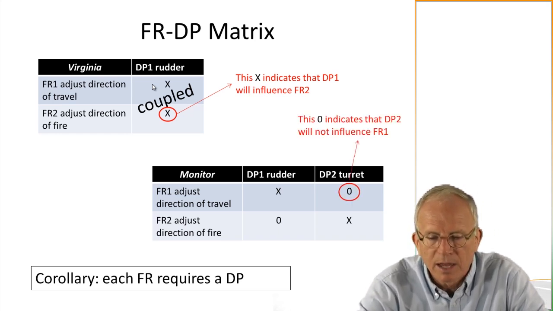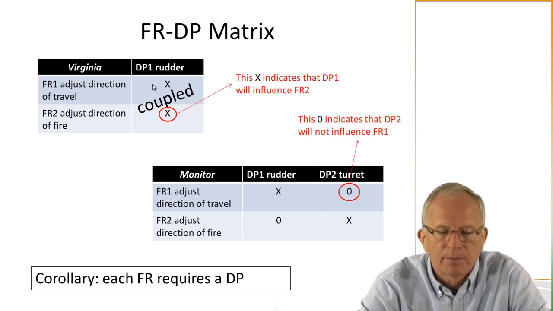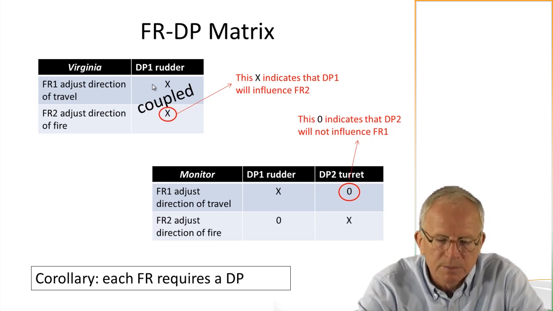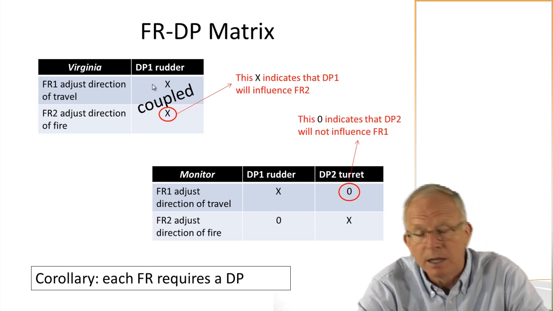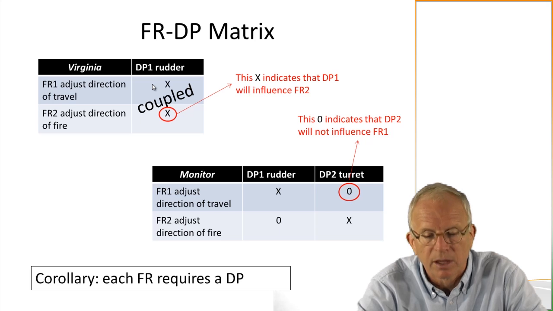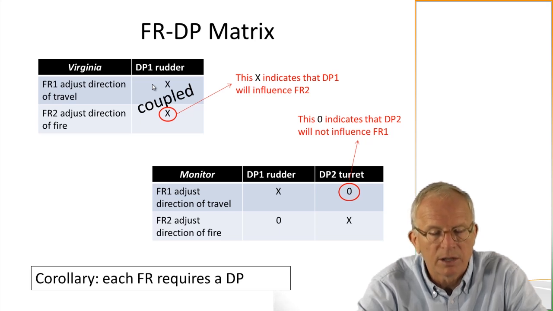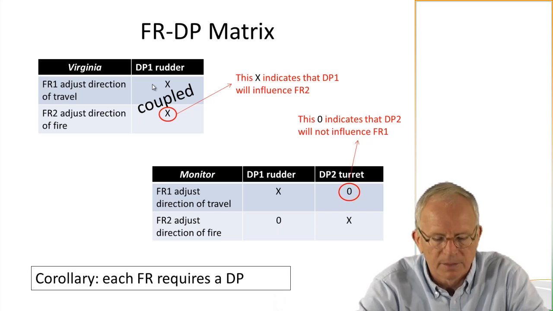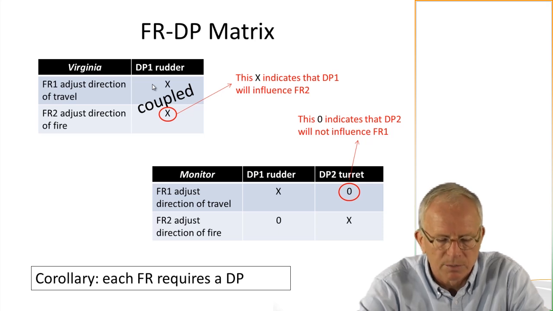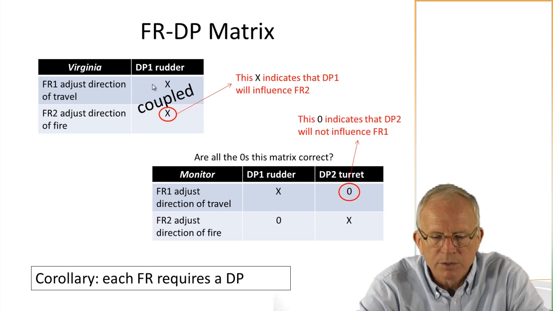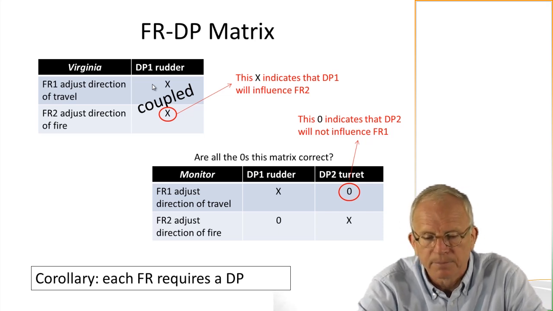That O in the spot in the matrix at the junction between DP2, the turret, and adjust the direction of travel, indicates that adjusting the turret has nothing to do with the direction of travel, and that these two things are independent. And that's what we're looking for in Axiom 1. Now, are the rest of the O's in this matrix correct?